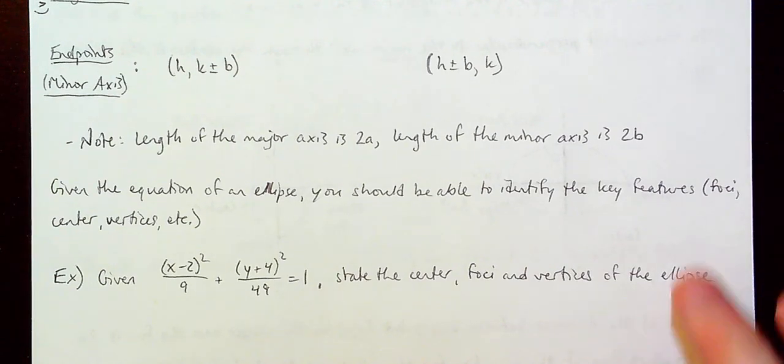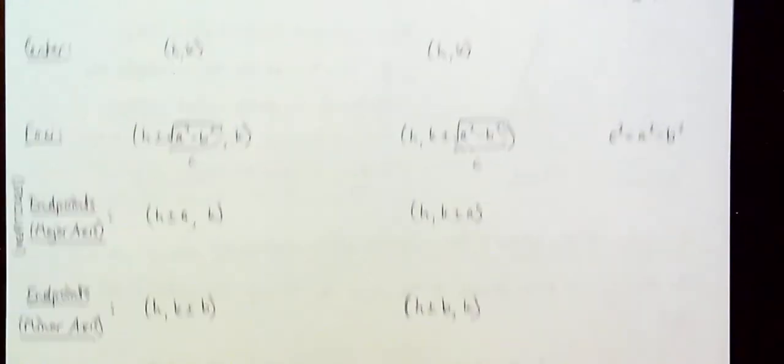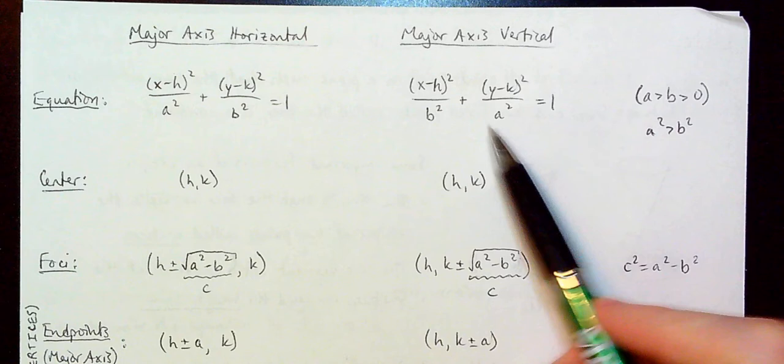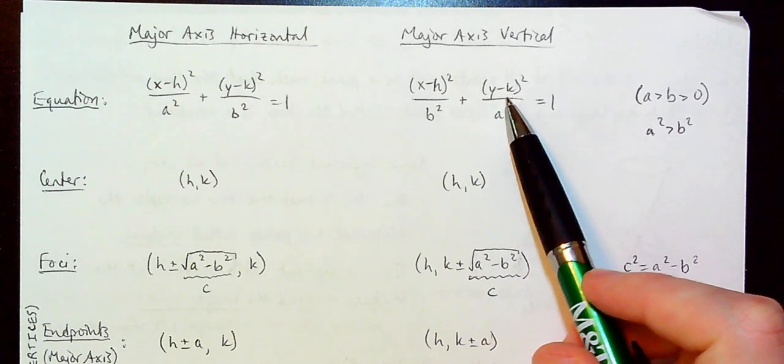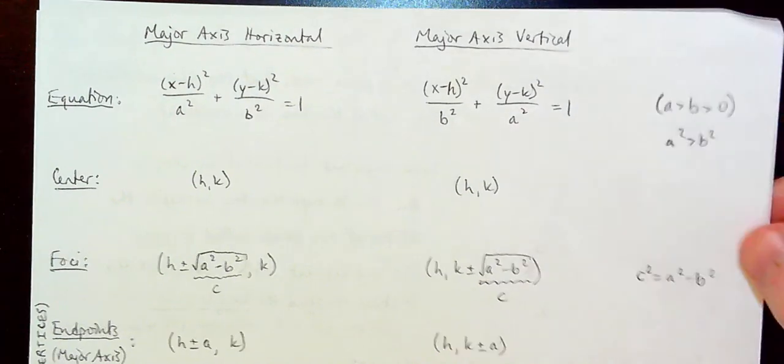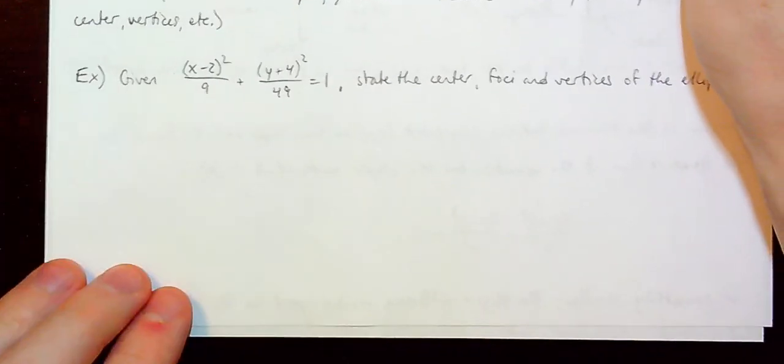So the larger value is underneath the y's, and going back up here, when the larger number is underneath the y's, that means we're going to have a vertical major axis. I'm just going to make a quick note of that as I go through this sample problem.